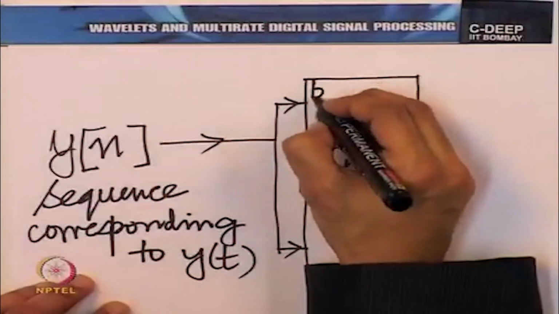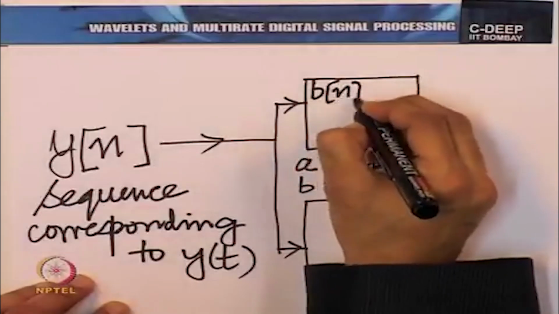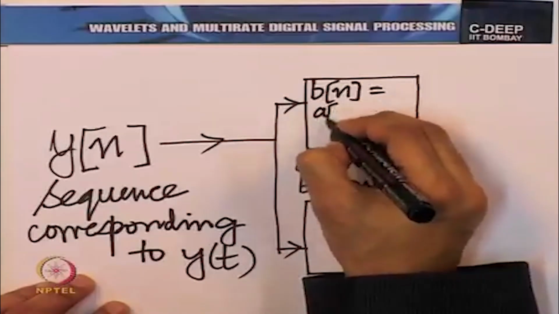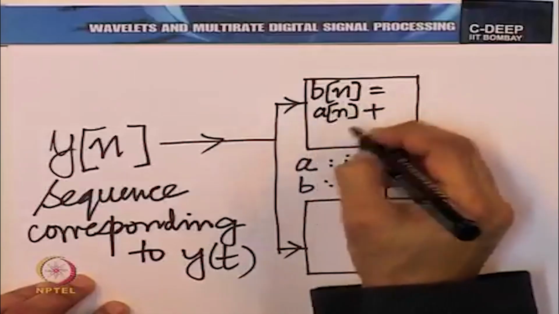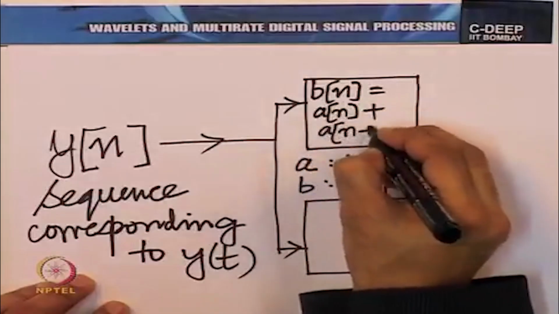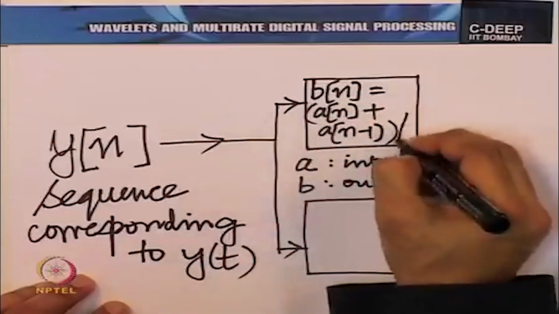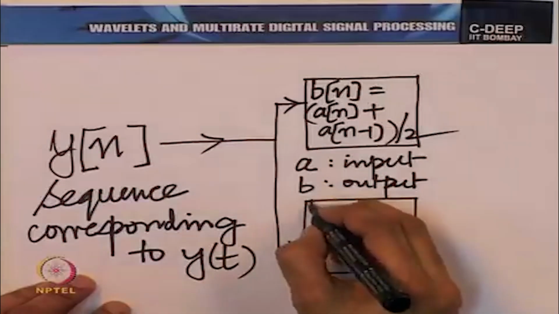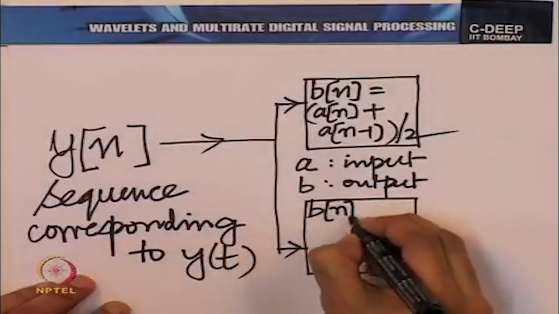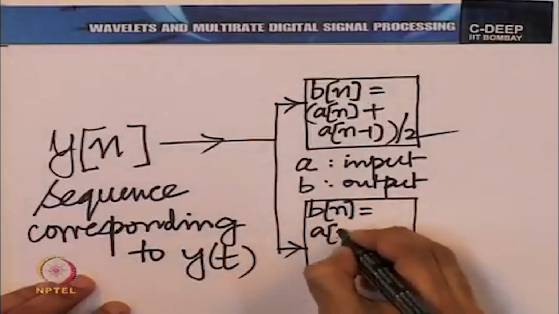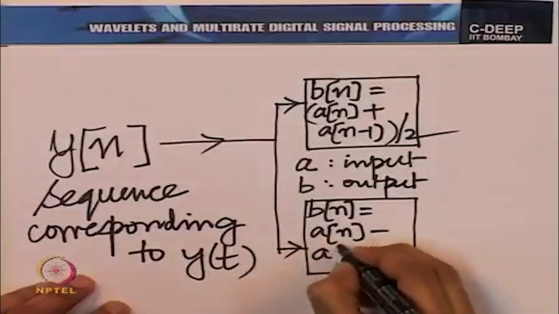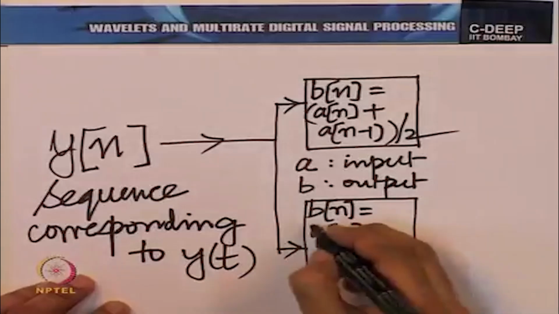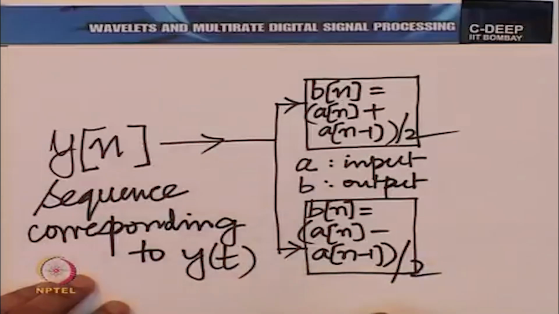So, I have B n is A n plus A n minus 1 by 2, and here I have B n is A n minus A n minus 1 by 2.